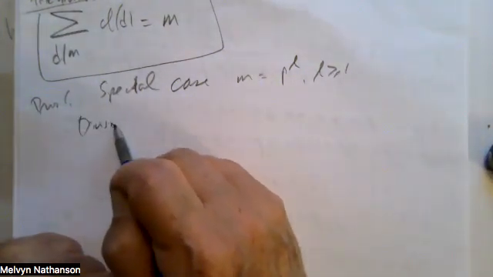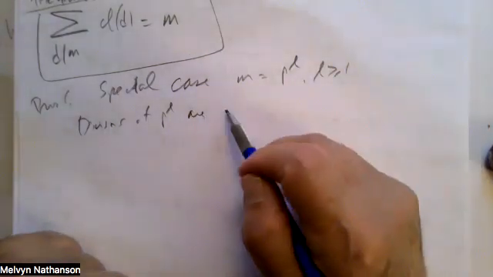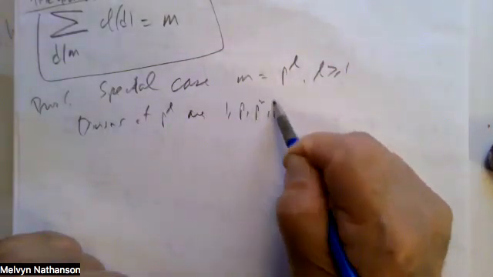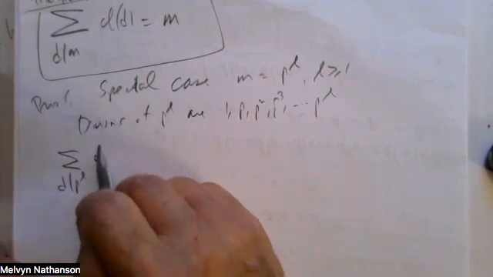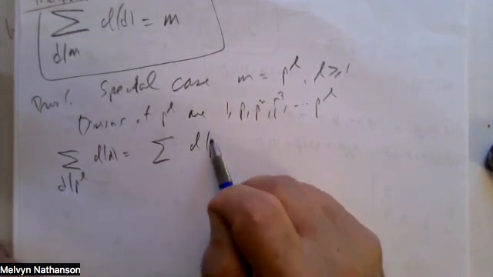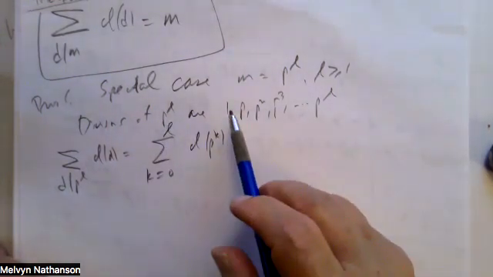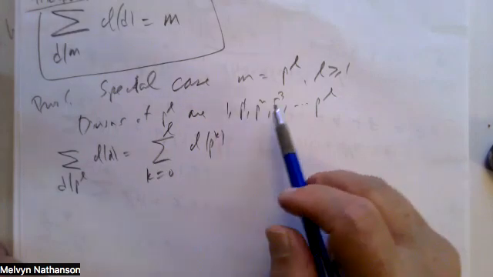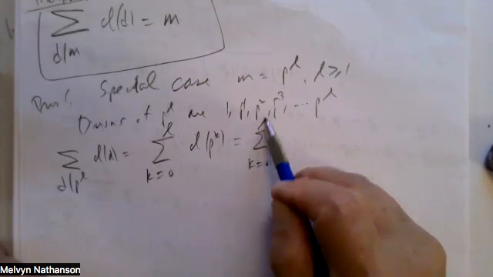So the divisors of p to the L are just the powers of p: 1, p, p squared, p cubed, up to p to the L. So if I sum over all divisors of p to the L, phi of d, this is a sum of phi of p to the k, where k goes from 0 to L, right? 1 is p to the 0, p to the first power, up to p to the L. This is the sum from 0 to L.